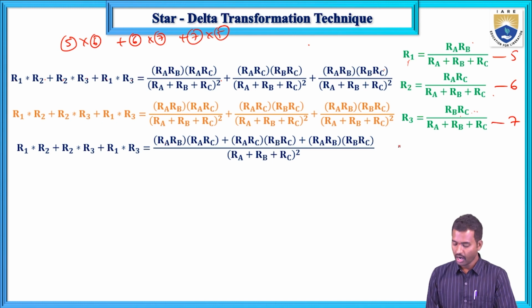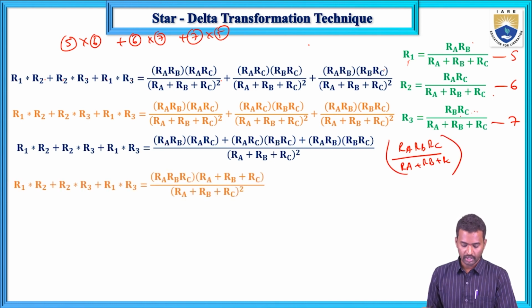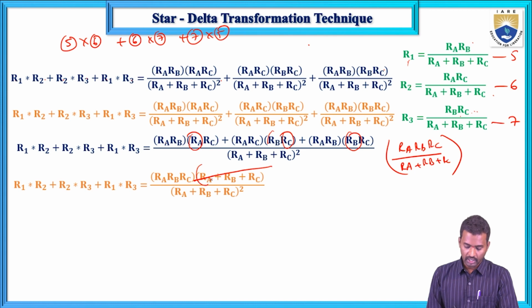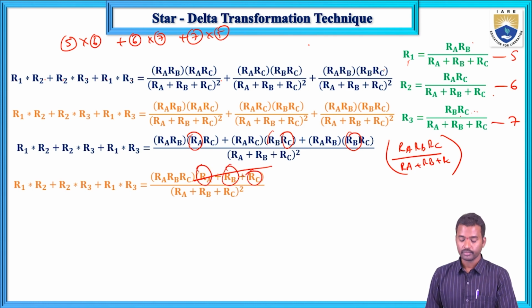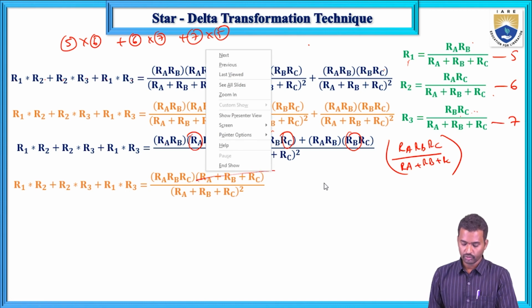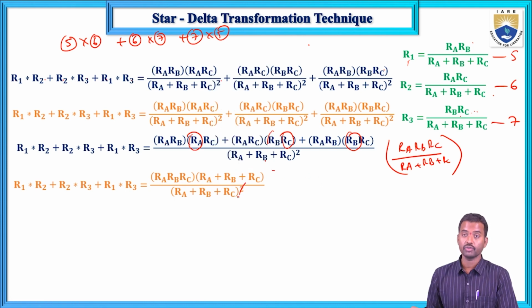If you take RA RB RC divided by RA plus RB plus RC as common, now you will get here RA only, RB only, here RC only, here RB only. That is RA, RB and RC. Here you can cancel this one. The numerator power is 1 and this one is 1.